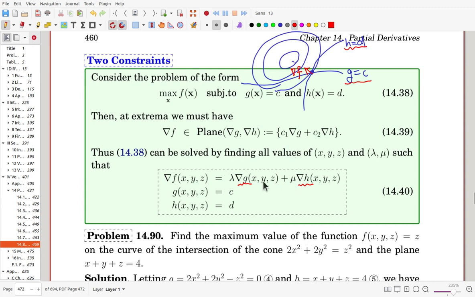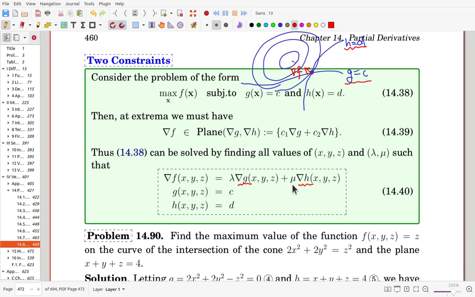So for functions of 3 variables, we have 3 equations from this linear combination, and there are 2 more constraints, so there are 5 equations. And the number of unknowns is also 5: x, y, z, lambda, and mu.